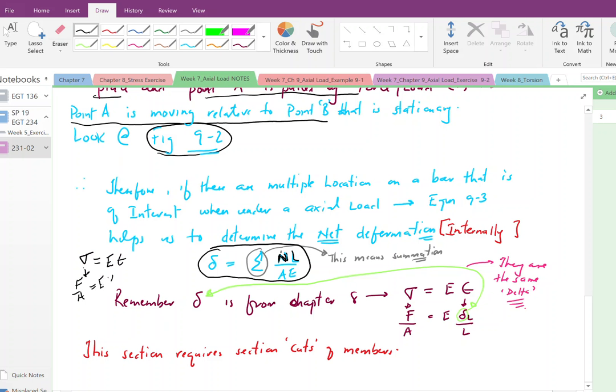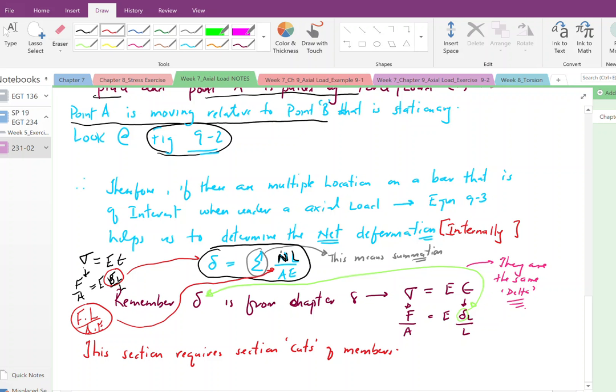Here's your E times your delta L over L. Okay, and if you solve for the delta, right, which is what we have here, you're going to get F times L over A times E, okay, which is what you see right here.